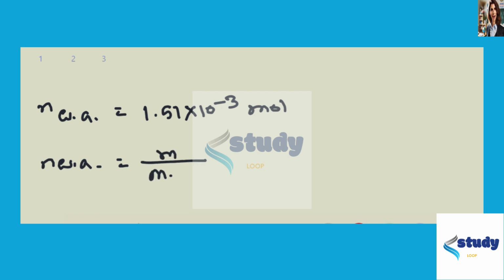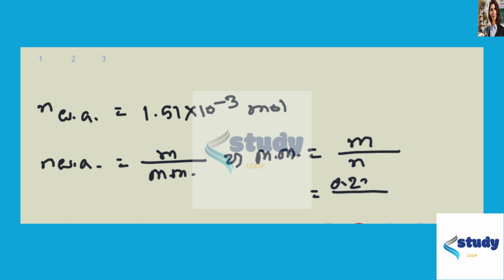Now we know that number of moles is the mass over its molar mass. That means we can write molar mass is equal to mass over number of moles. And since we are given the mass of the weak acid, which is 0.2053 gram, over the number of moles we have calculated, which is 1.51 times 10 to the power minus 3 mole.